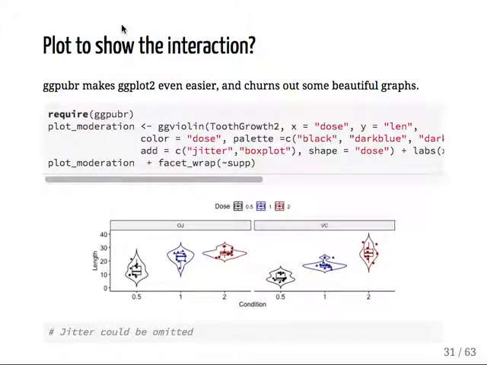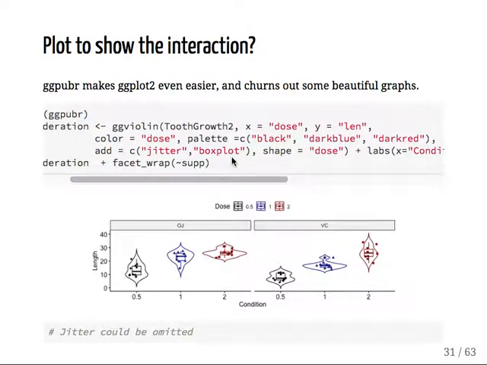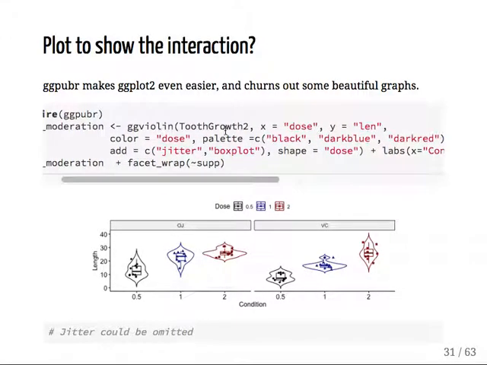So you can make a plot, and there's something called ggpubr, which will make ggplots for publications and make it slightly easier for you to make plots. Here I've used this. It's using ggviolin, and then feeding the data set using dose, and we say the y variable is the length of these odontoblasts, and then we color by dose. We can pick the palette, so if you don't like black, dark blue, or dark red, you can pick different colors.